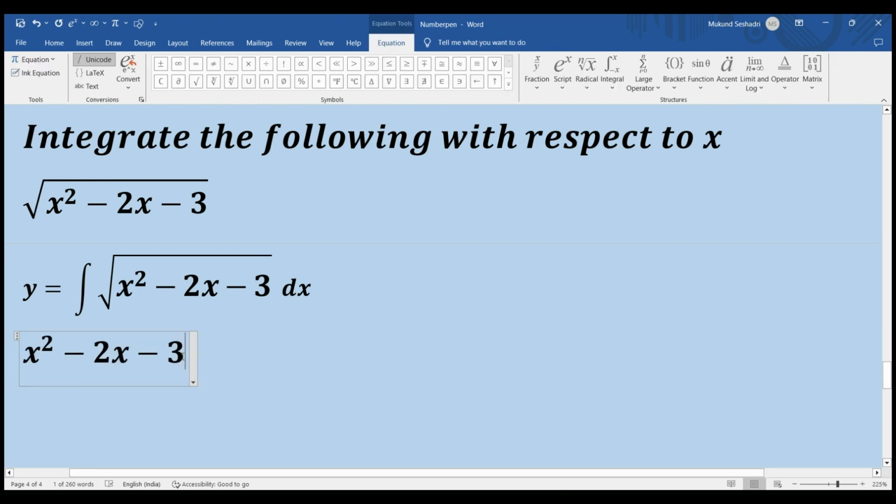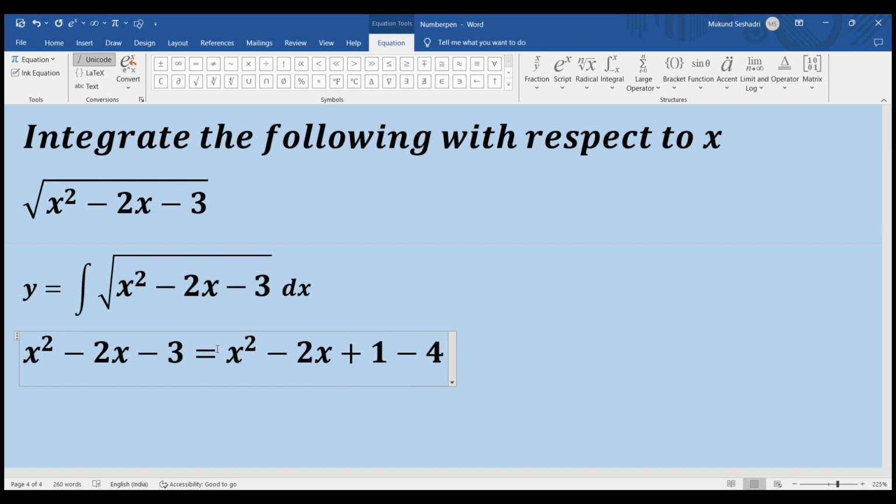So I have x square minus 2x minus 3, and I know that x square minus 2x plus 1 equals x minus 1 the whole square, right? So keeping that in mind, all that I'll do is add a plus 1 and subtract a plus 1. And when I combine it with the 3, my term becomes x square minus 2x plus 1 minus 4, right?